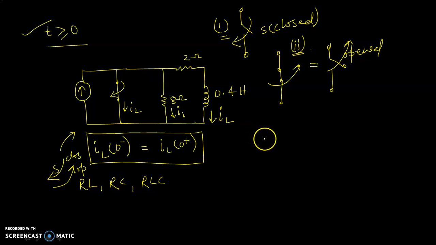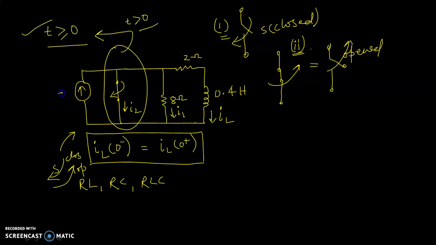As there is a short circuit across the current source for t greater than 0, mark this. For t greater than 0, there is a short circuit across this 2 ampere current source. Therefore, the entire 2 ampere current will be through this short circuit path.